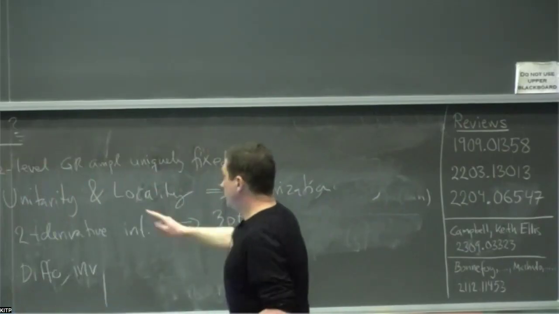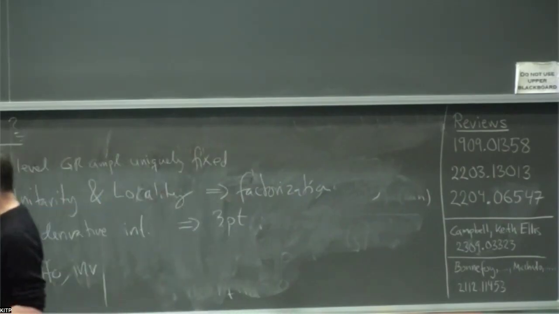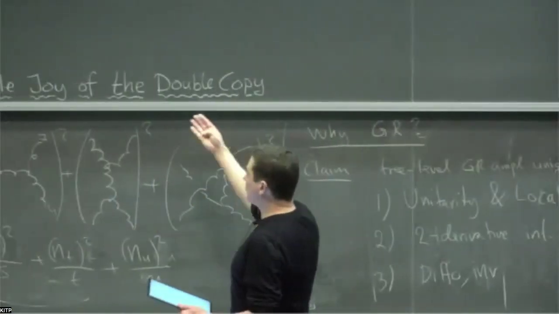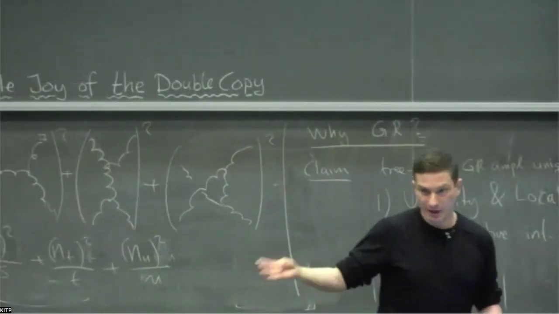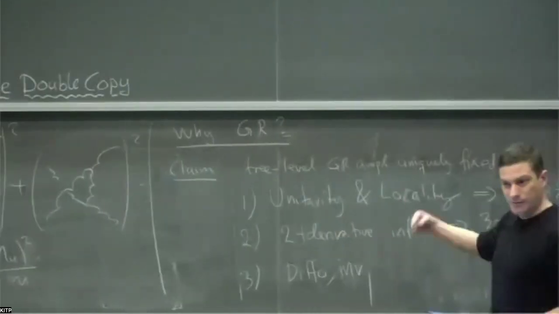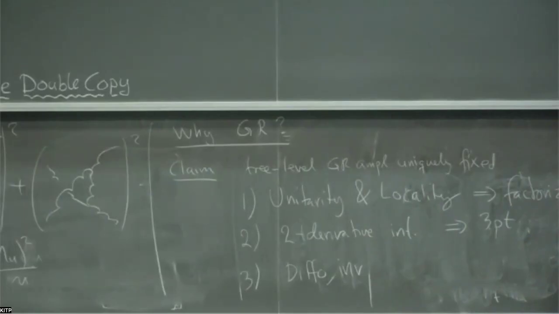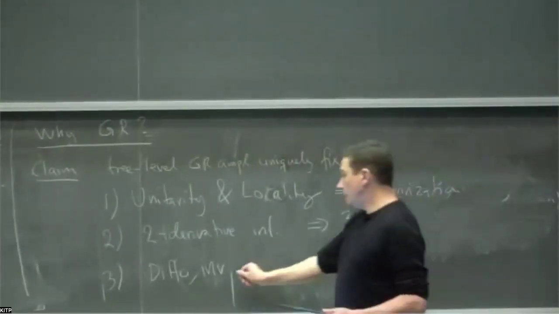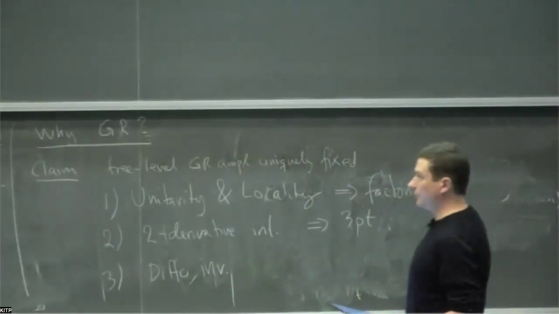Unitarity basically means that when I go on the physical poles, they're going to factorize into lower point amplitudes. This was obvious in the construction. I just wrote it as a product of two 3-point vertices. Also, since Yang-Mills is a one derivative interaction, I'm just squaring that, so I'm going to get two derivative interactions. So the most non-trivial property is diffeomorphism symmetry.